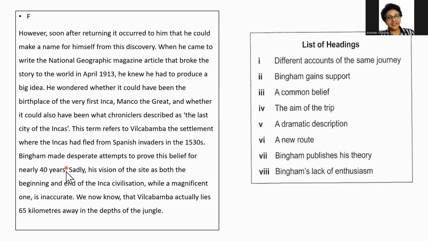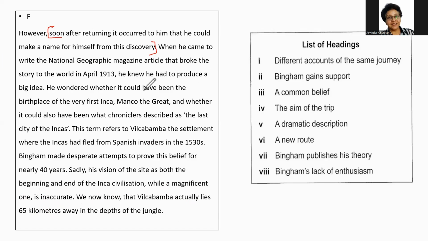Okay, now I'm over here. Sadly, his vision of the site as both the beginning and the end of the Inca civilization, while a magnificent one, is inaccurate. We now know that Vilcabamba actually lies 65 kilometers. Okay, so this is talking about here. Here is your answer. Soon after returning, it occurred to him that he could make a name for himself from the journey.